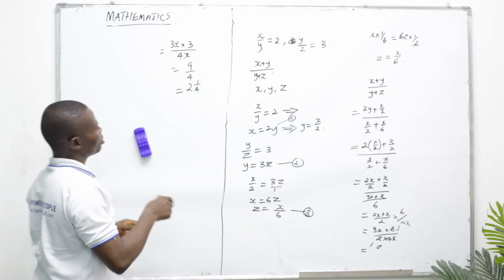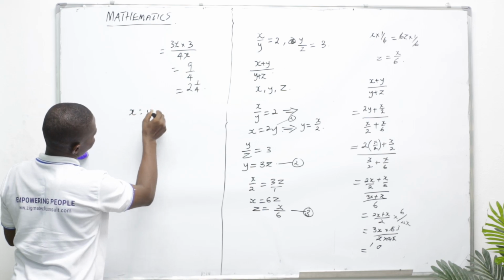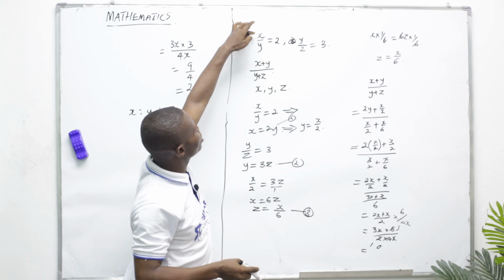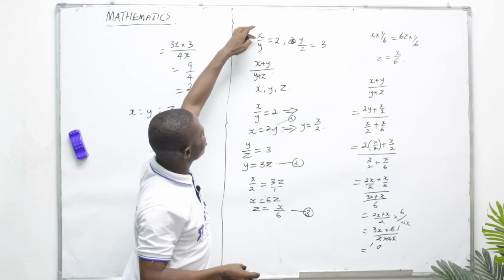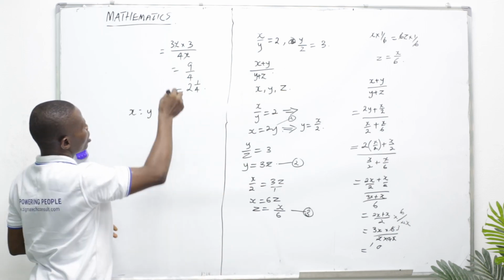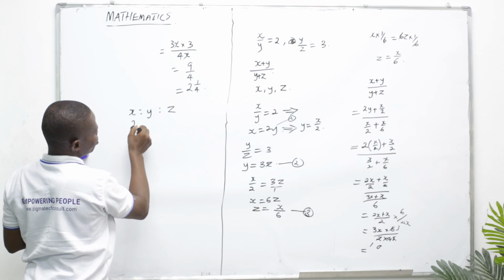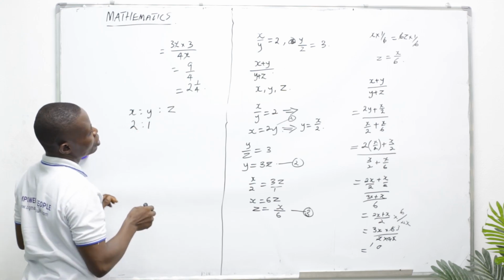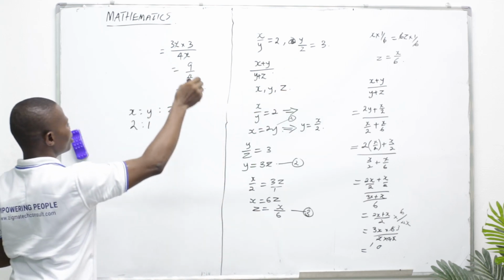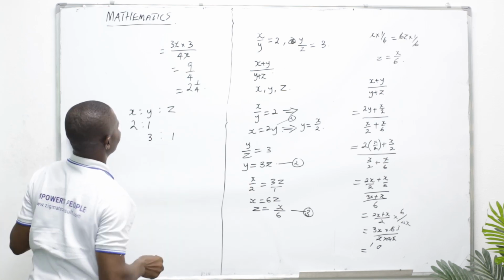So the ratio method, x ratio y ratio z. And let us begin to place. This is x over y equals 2, means x ratio y is 2:1. I will write 2:1. Then y ratio z means 3:1. I will write 3:1.